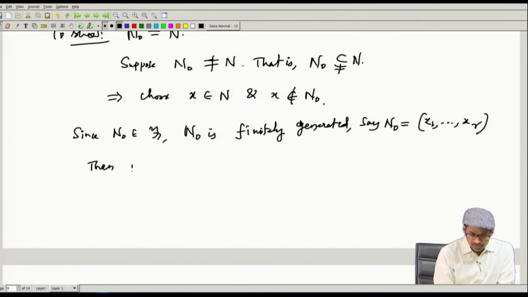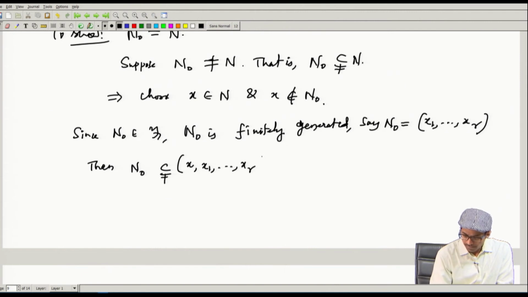Then this N naught is strictly contained in the module generated by x, x1 and so on, xr. Why?